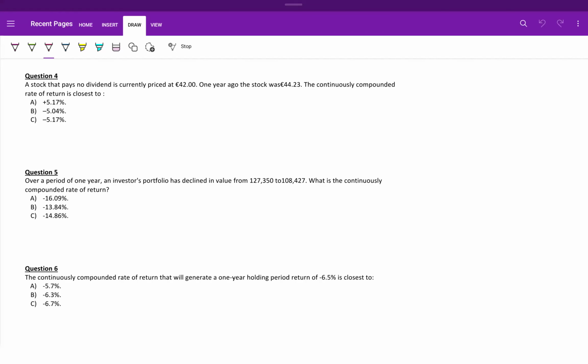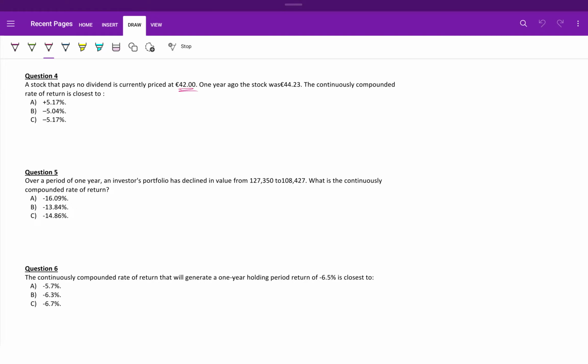Now let's talk about question number four. It's relatively easy compared to other questions. The stock pays no dividend and it's currently priced at 42 euros.